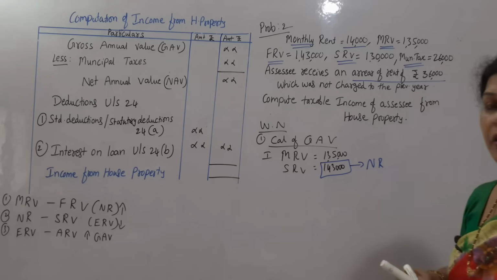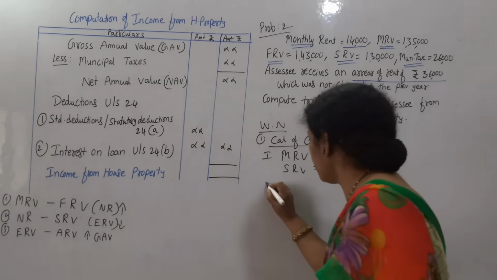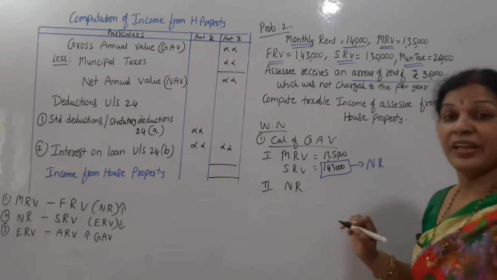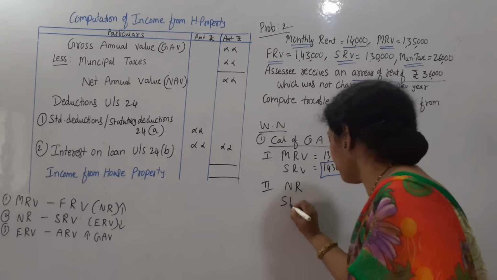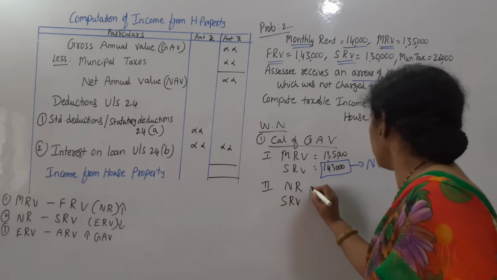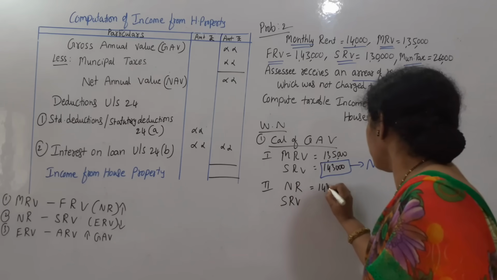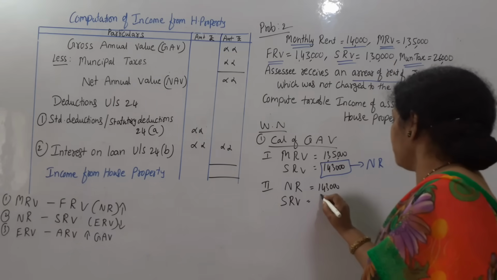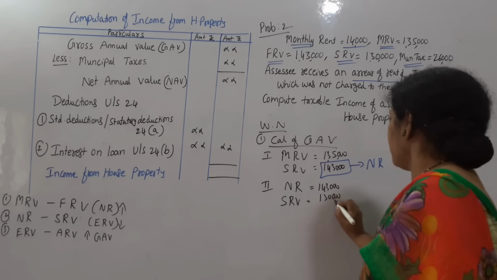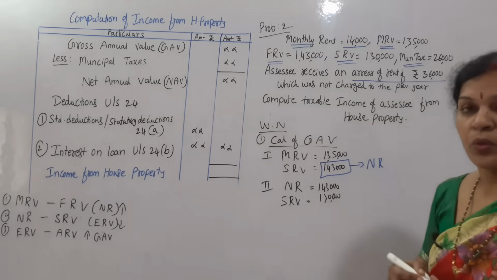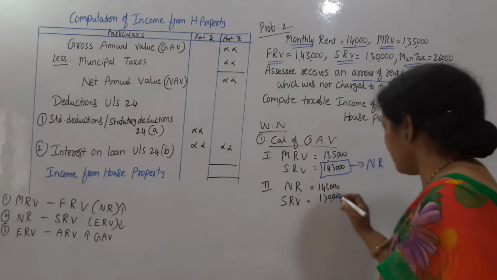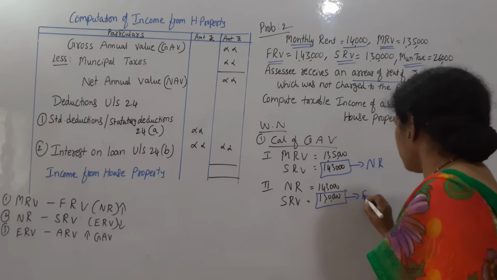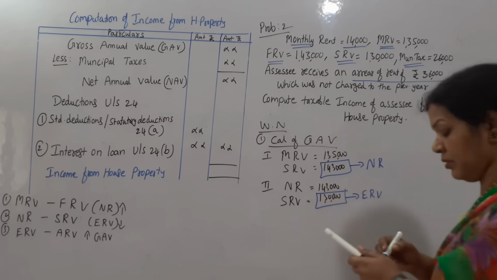NR. Now step number 2, notional rent and SRV. Notional rent is 1,43,000. SRV, standard rental value, is 1,30,000. Whichever is low, that is expected rental value. This one is low, so this is expected rental value.